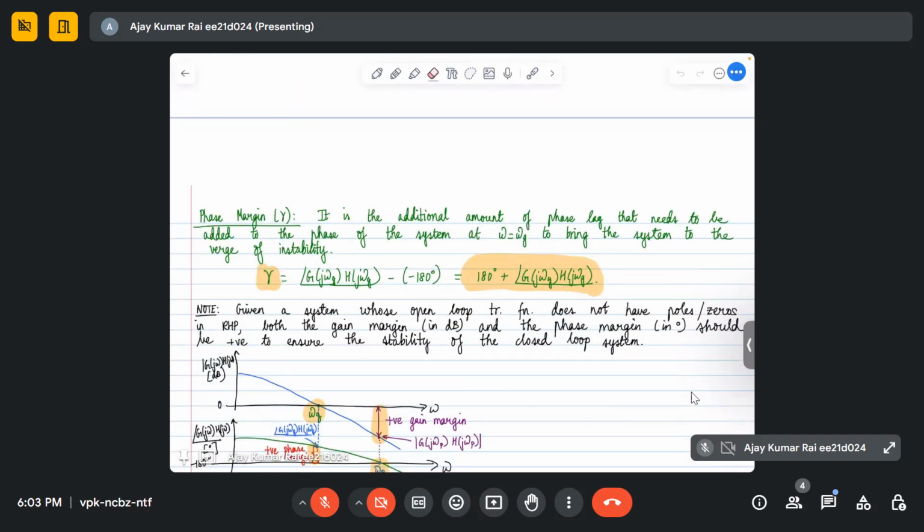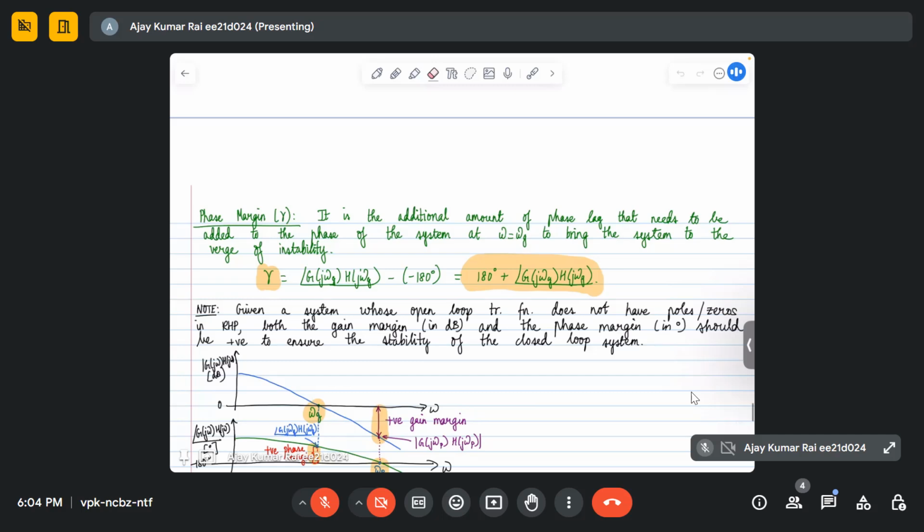So I'll just read out the definition. It is the additional amount of phase lag that needs to be added to the phase of the system at omega equal to omega g, the gain crossover frequency, where your magnitude becomes one, to bring the system to the verge of instability, right? So this is the definition of phase margin.